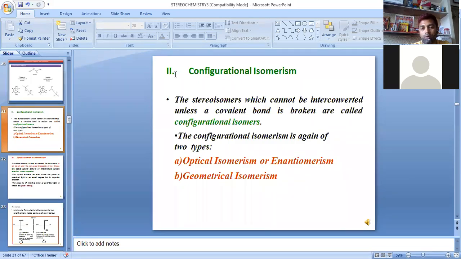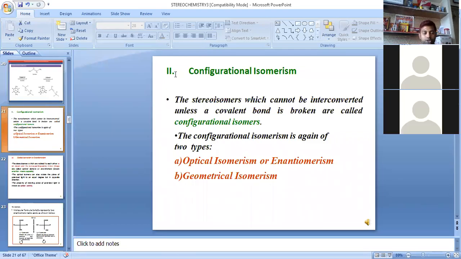Anyone can tell me what are enantiomers? Robin, what are enantiomers? Chiral compound, sir. They are mirror images, but non-superimposable mirror images.